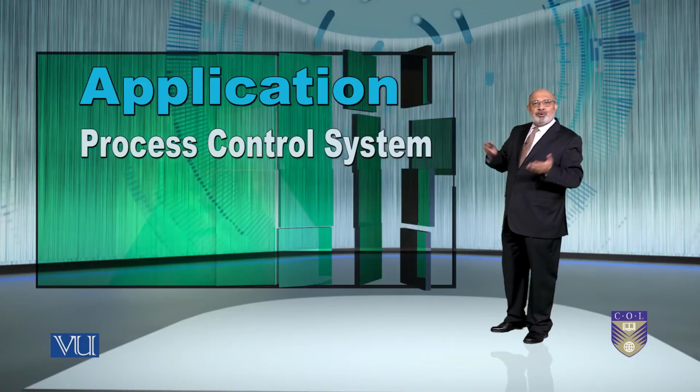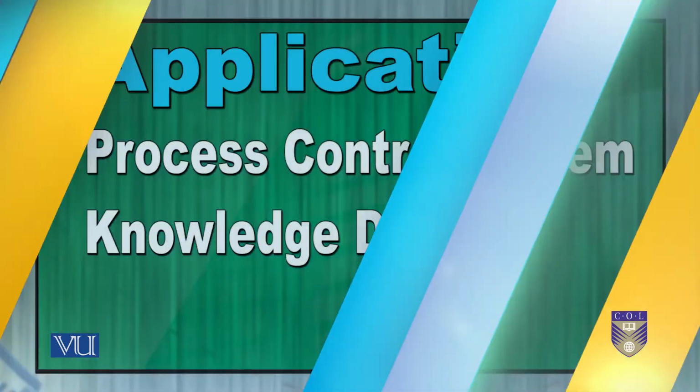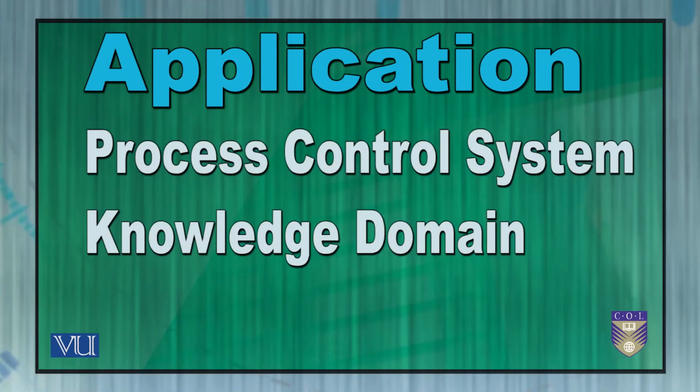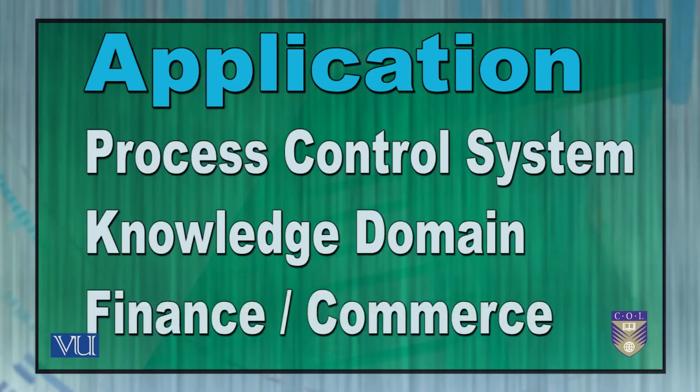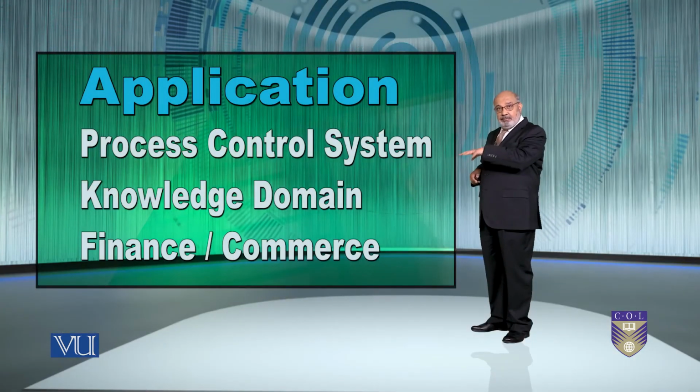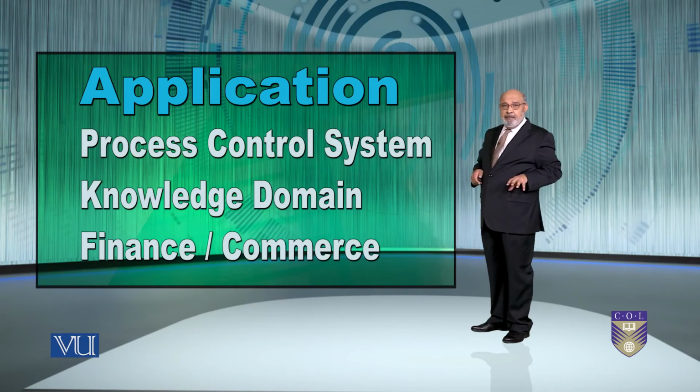So the question is, should you consult the experts or should you consult the expert system? Process control systems, knowledge domain areas, faults in vehicles, engineering, and so forth. Finance and commerce, very interesting: predicting what's going to happen, the effect of certain financial decisions, and how they're going to behave. Those are the application areas that actually use these.